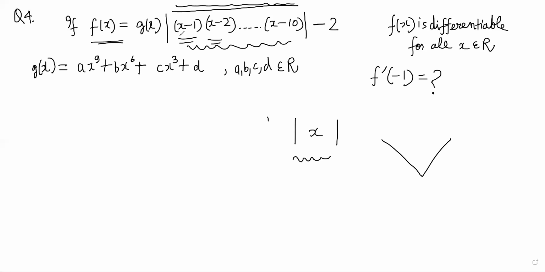What can make it differentiable? The only thing that can help is g x. If g x was 0, then it will cancel these non-differentiable points, because it will make it 0. Basically, the only way f x is differentiable for all x belongs to real is if g x is always 0.